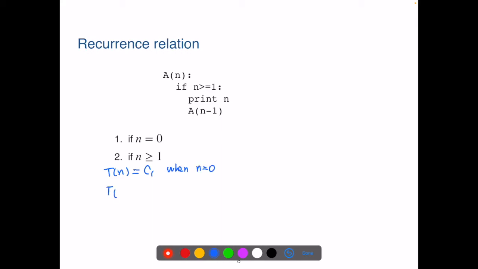When n is greater than 0, T(n) is C2, some constant time that covers any sequential instructions other than the recursive call, plus the recursive call, where the input size is reduced by 1.